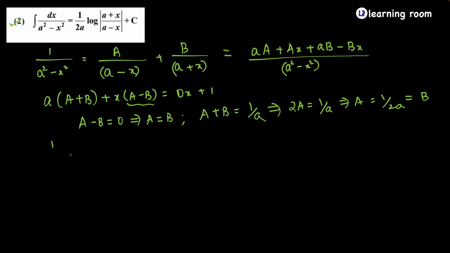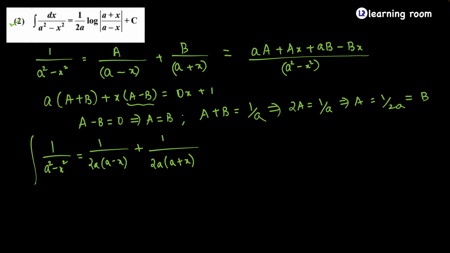So 1 by a square minus x square can be written as 1 by 2a into a minus x plus 1 by 2a into a plus x. So integral values go like this. So here you put a dx, here a dx, and here also you have a dx. So what is going to happen here is 1 by a square minus x square times dx is equal to this value, no? So you will take 1 by 2a outside.